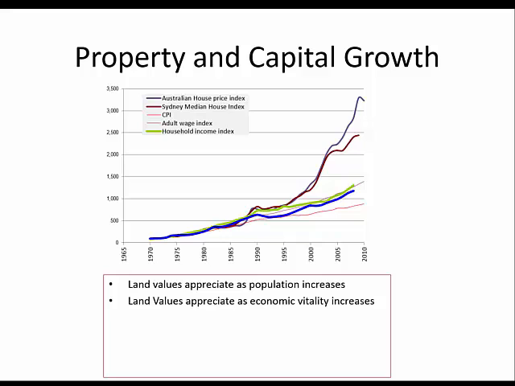But if you have a similar size city, but made up of a community that has considerably limited economic potential by comparison, say a developing country, say like Manila in the Philippines, you will find that the land values are considerably lower. And so as well as population, we also have economic vitality as important determinants of land values.